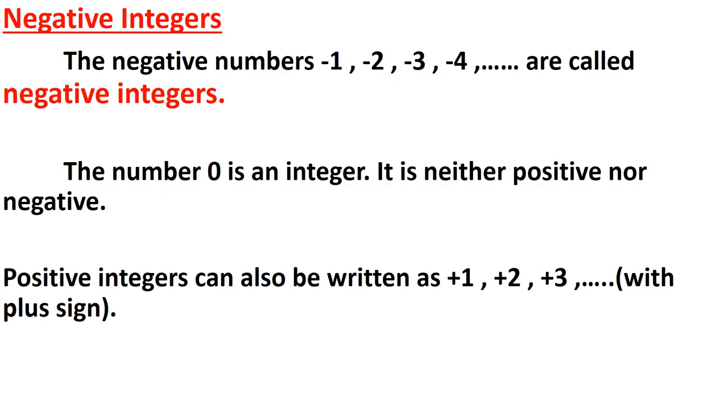Means if you are writing any positive integer, you can write it with the plus sign or without the plus sign. If you write 1, 2, 3, that is a positive integer, and if you write plus 1, plus 2, plus 3, that is also a positive integer.